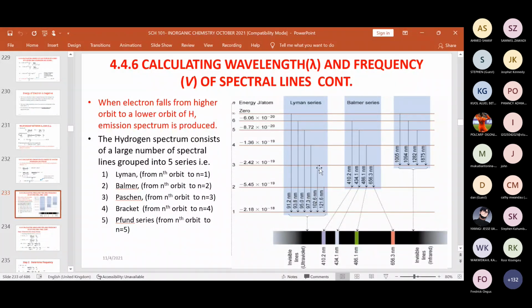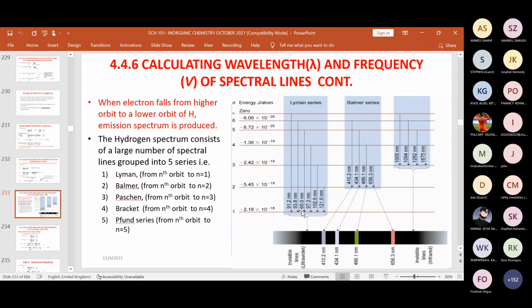But if it is from the third energy level to the first energy level, you will see a wavelength of 102.6. From the fourth to the first energy level, you will see a wavelength of 97.3. From the fifth, you will see 95.0.